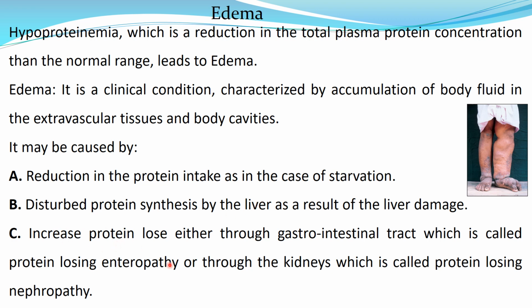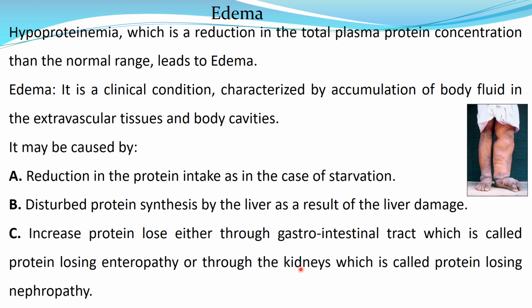And the third cause of the edema is an increase in the protein loss, either through the gastrointestinal tract, which is called protein losing enteropathy. So it means losing the protein as a result of intestinal diseases.